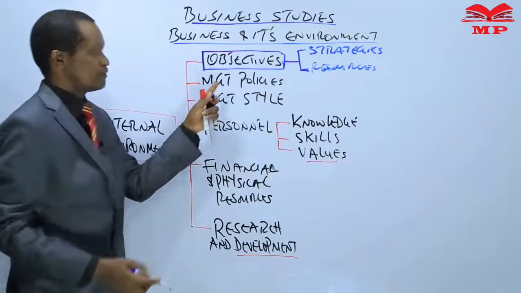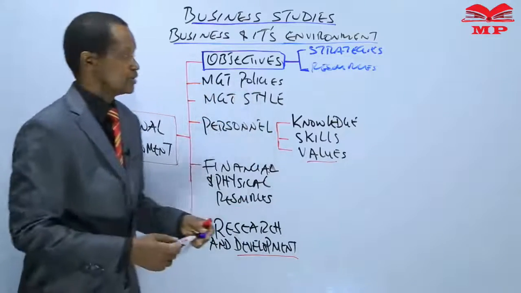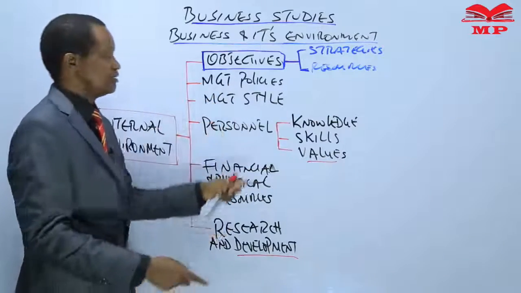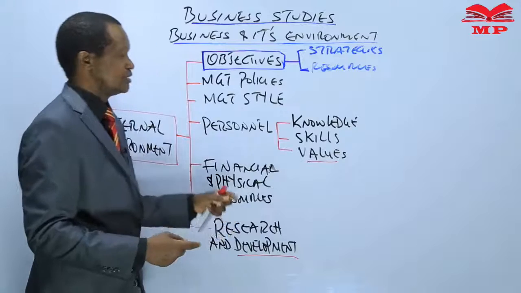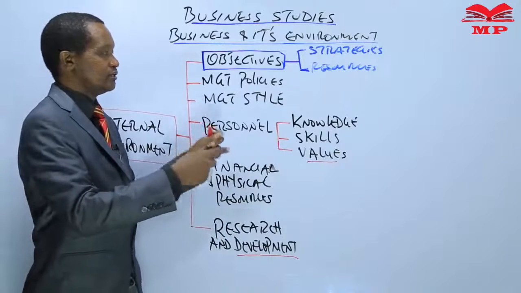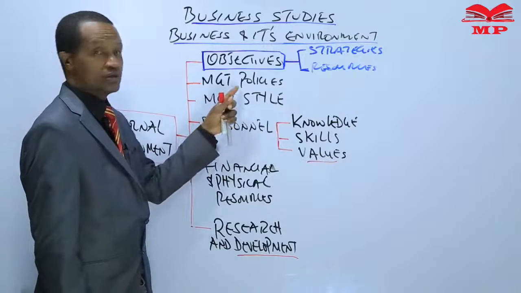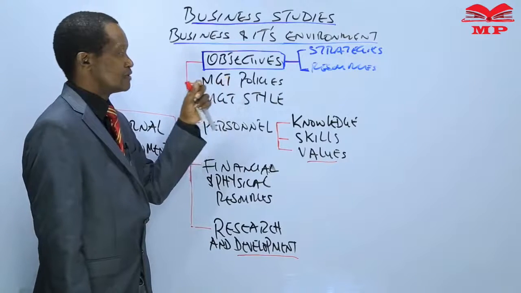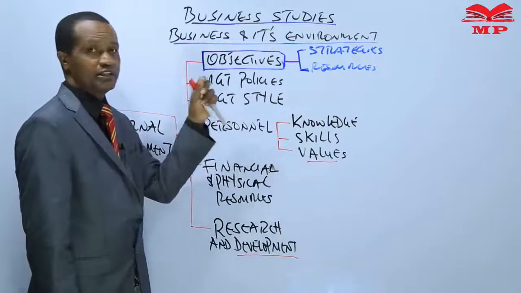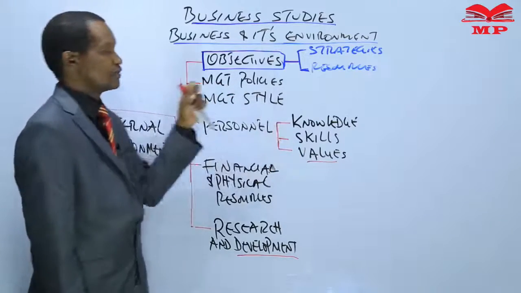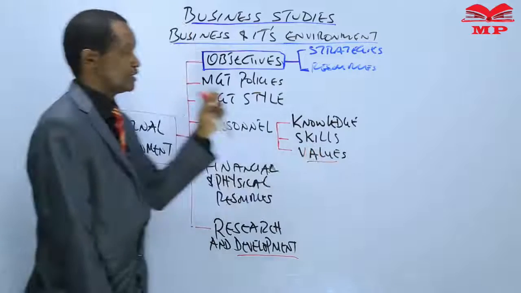We discussed management policies. We say that management policies are guidelines, management guidelines. These are the plans of action that help the company run or achieve its objectives. Okay, these are guidelines.